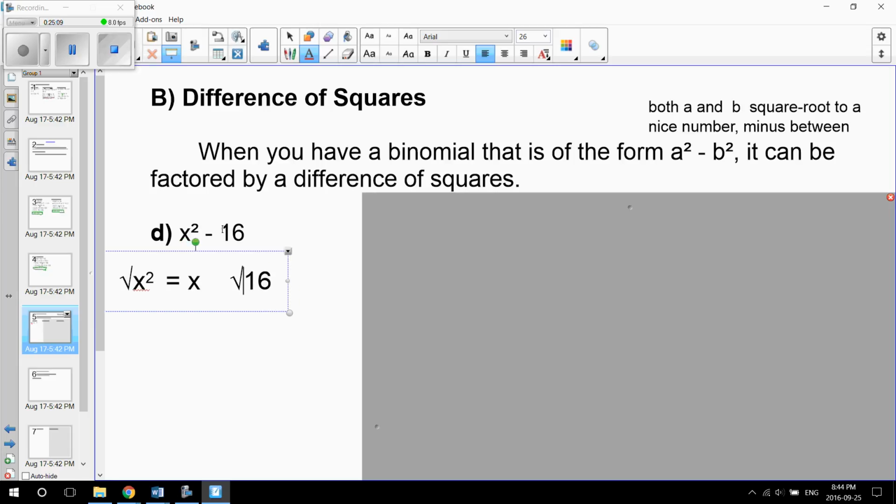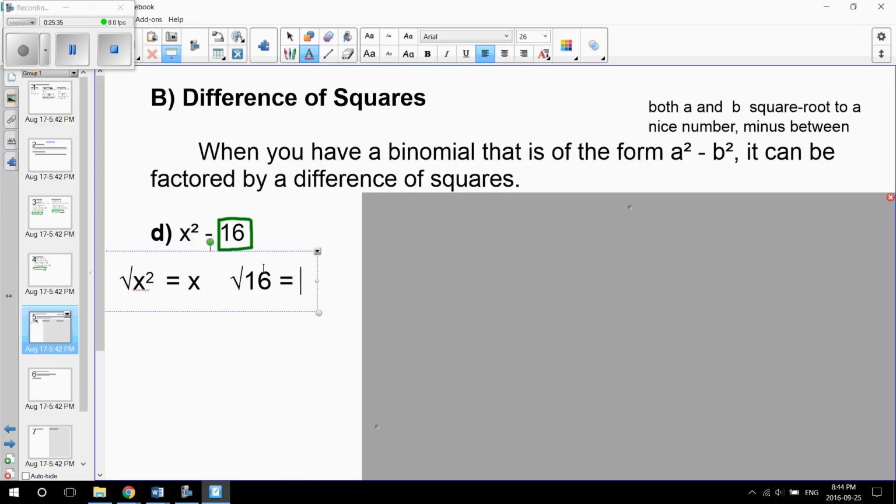Now be careful, we take the number, which is the 16. And this is the only case where we don't carry that negative with that number, because we can't square root a negative number. If you try to square root a negative number in your calculator, you're going to get an error. So this is the only point in time where we take a number and don't take the negative sign in front of it with it.